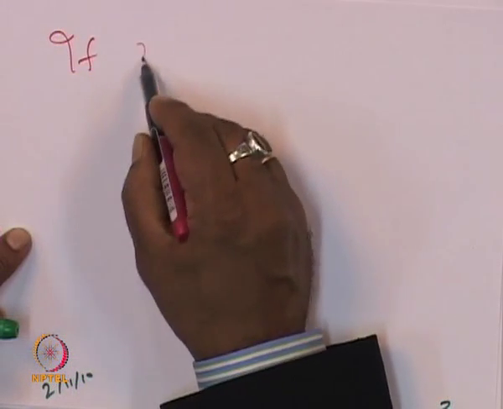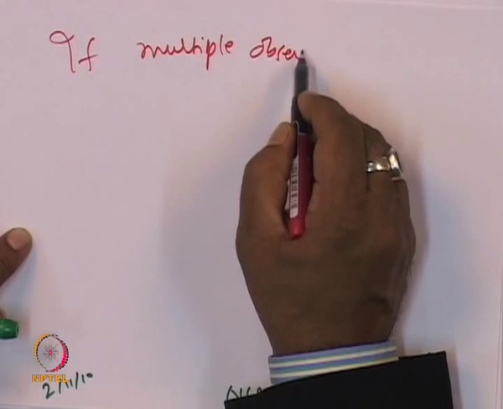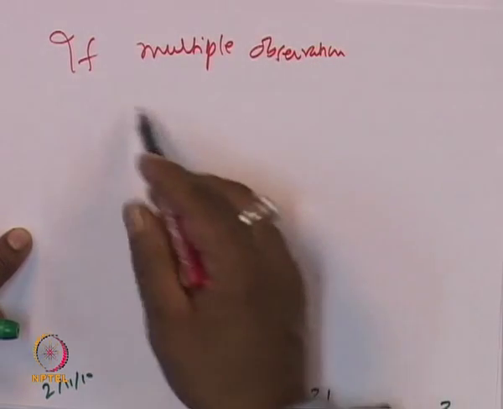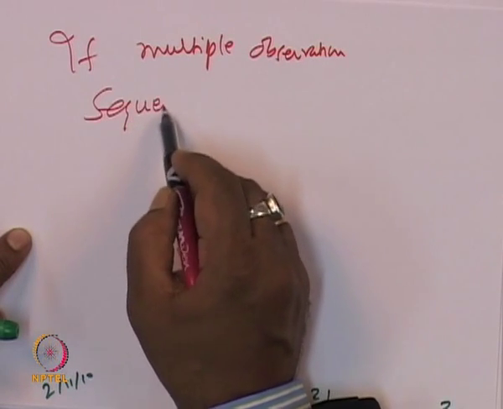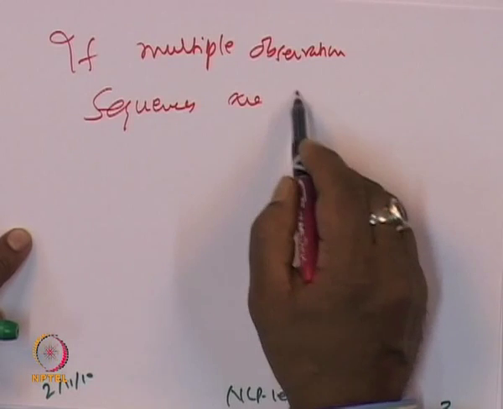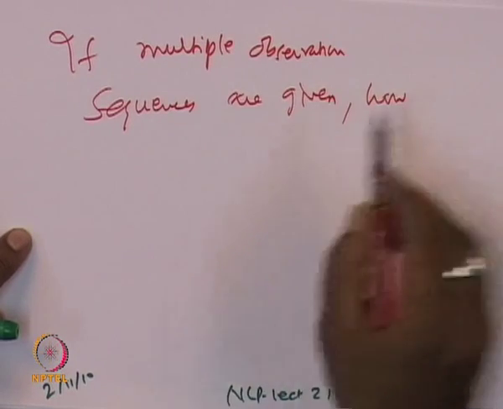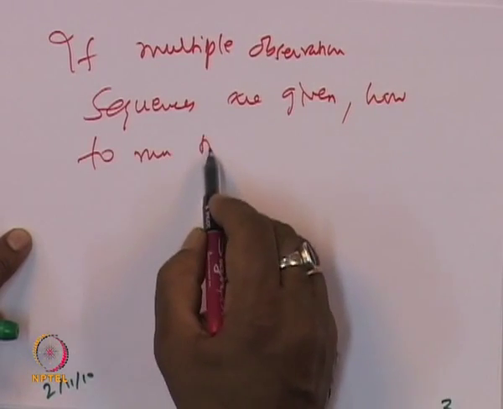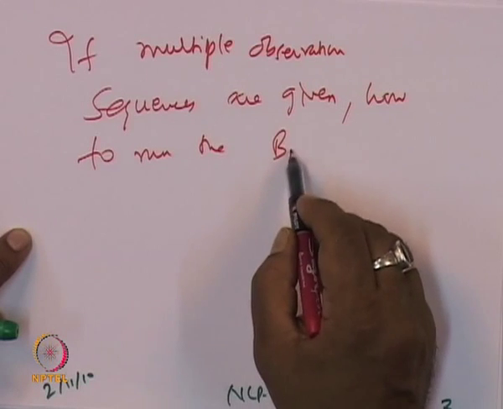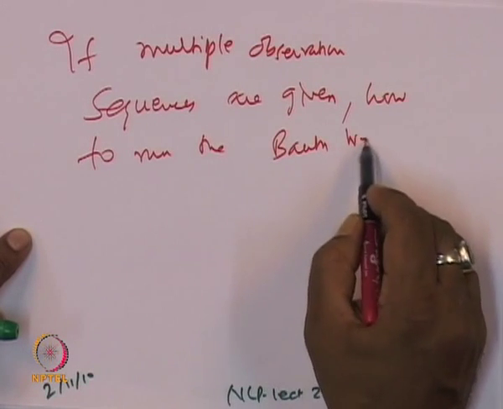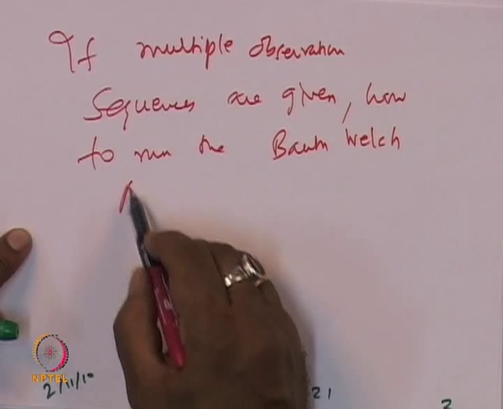The question that arises now, which I would like to write, is: if multiple observation sequences are given, how to run the Baum Welch algorithm?